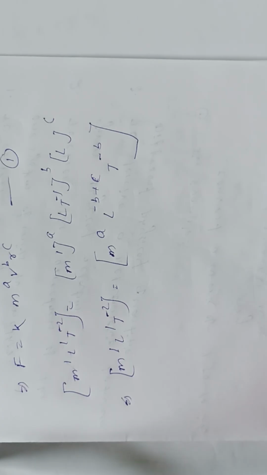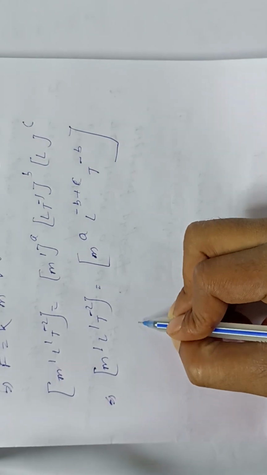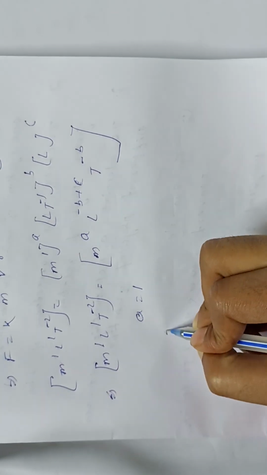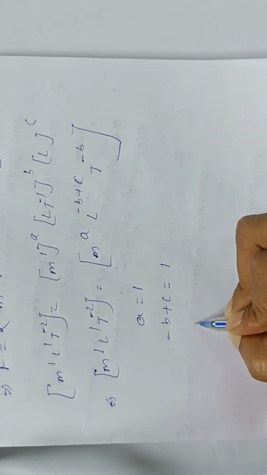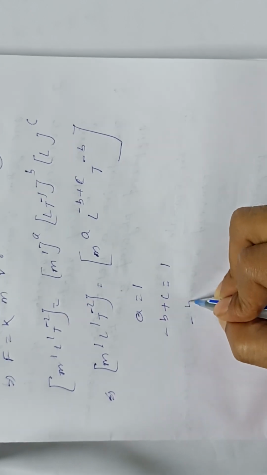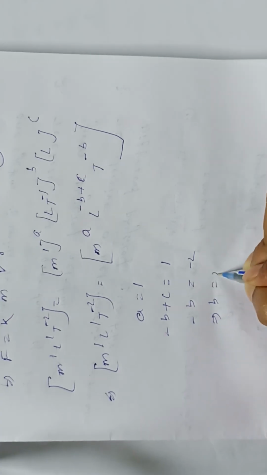Now comparing the dimensions of the two sides, a is 1, and minus b is minus 2, so b equals 2.